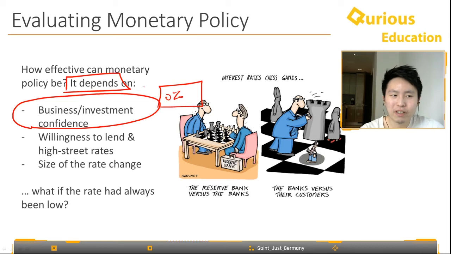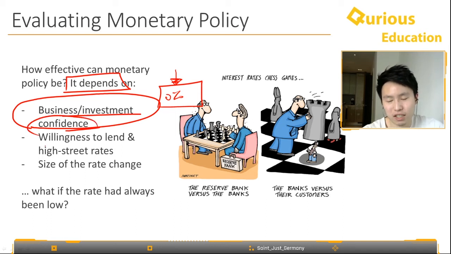So even if the interest rate is very, very low, it does not mean that it would always help increase the level of investment in the economy, simply because the level of confidence of businesses is too low in terms of their future expectations. As a result, a decrease in interest rate to stimulate the economy might not always work in a recession.